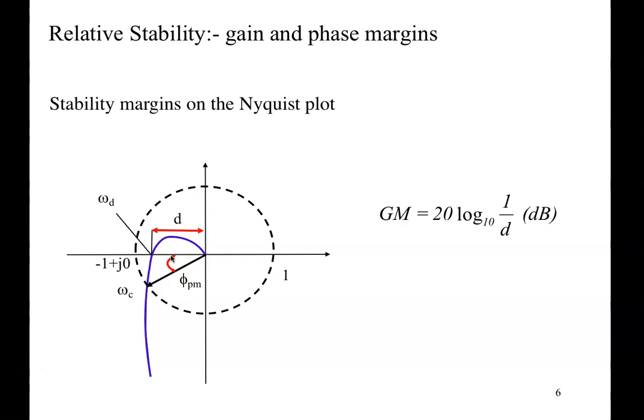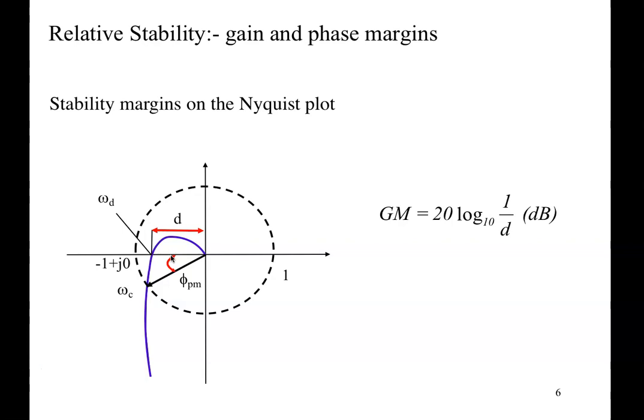Okay? Now, typically, gain margin represents how much extra gain you can add before the closed-loop system becomes unstable. Phase margin is how much further delay you can get in a system before it becomes unstable.